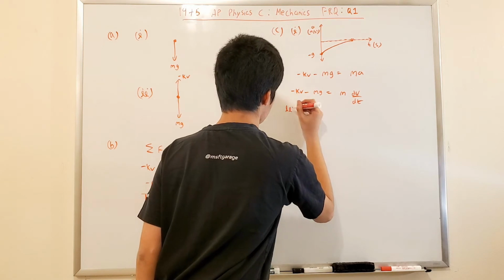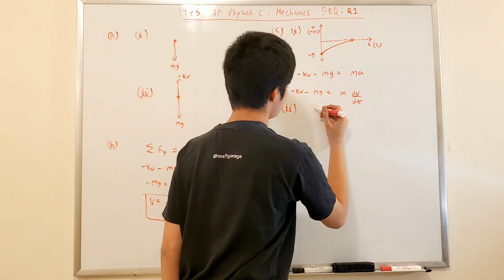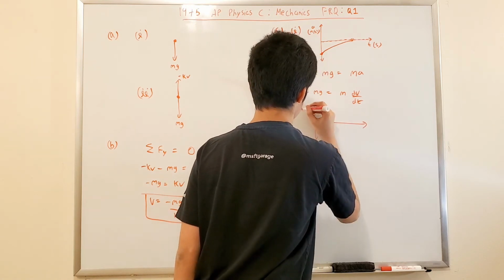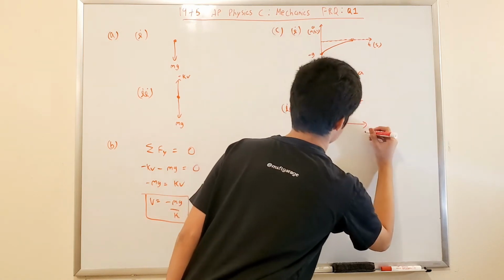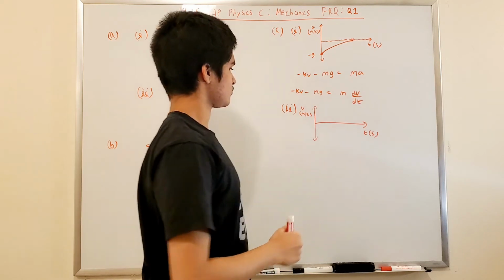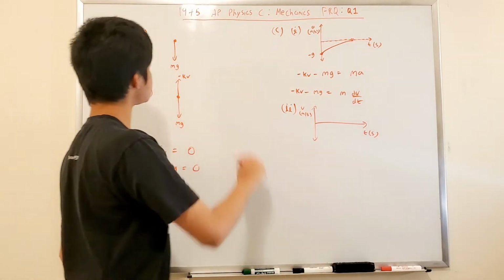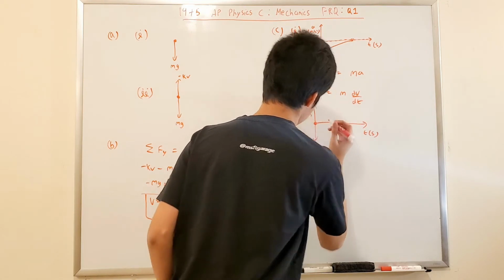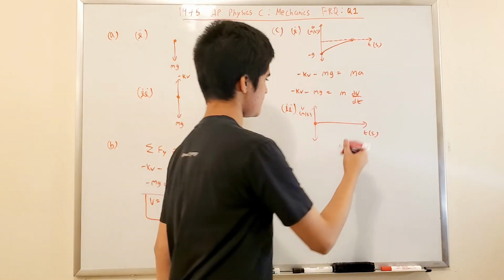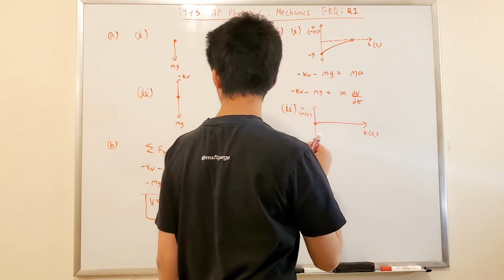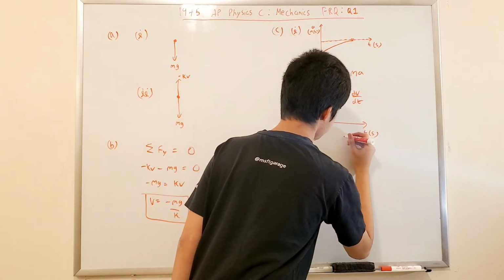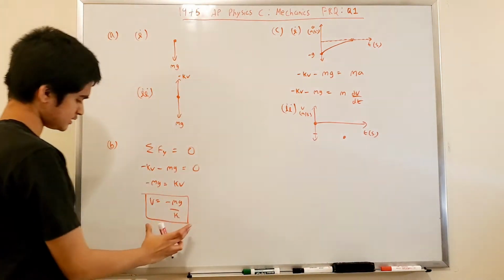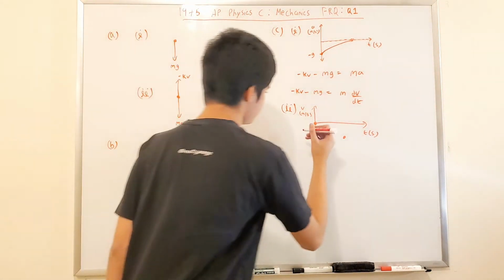For part 2 of the question, we want to draw the velocity time graph. So our velocity is going to start off at 0. And at the end of our journey, once it reaches a terminal velocity, it is going to end up somewhere here at whatever our terminal velocity is, that is negative mg over k.